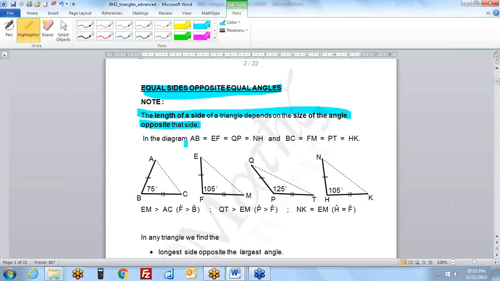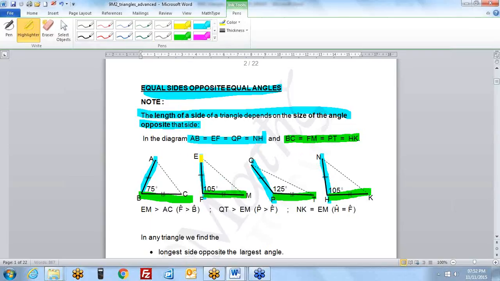So in the diagram, AB equals EF equals QP equals NH. And BC equals FM equals PT equals HK.